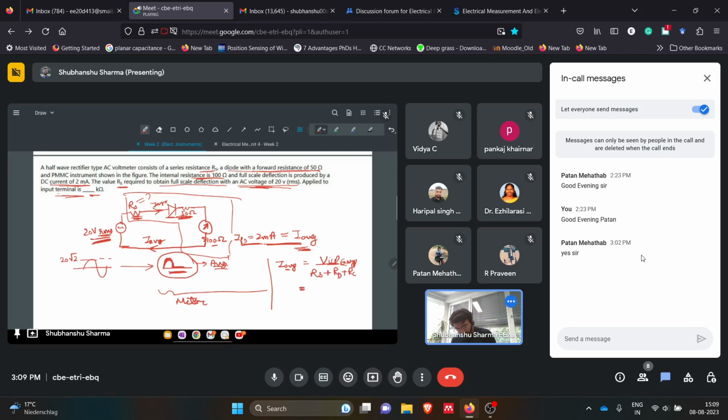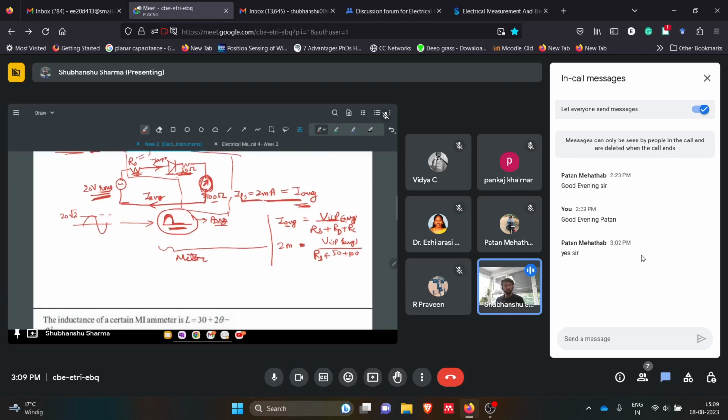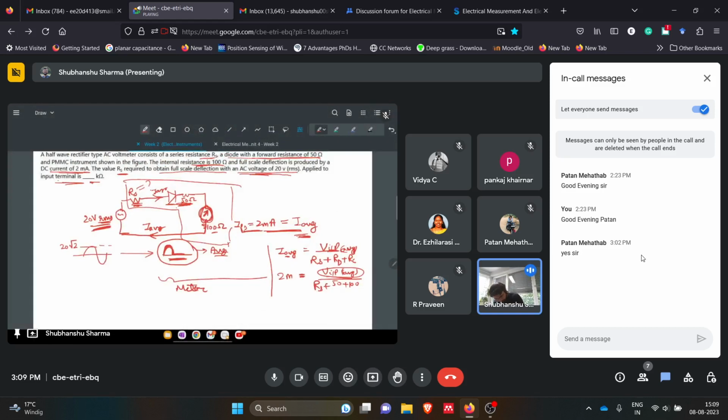So we have 2 milliampere as this I average current, equal to the average value of the voltage given to this PMMC meter, divided by RS, which we don't know, plus 50 plus 100. Now, actually this is not the input average, this is the output: the voltage which is being given to this PMMC meter.